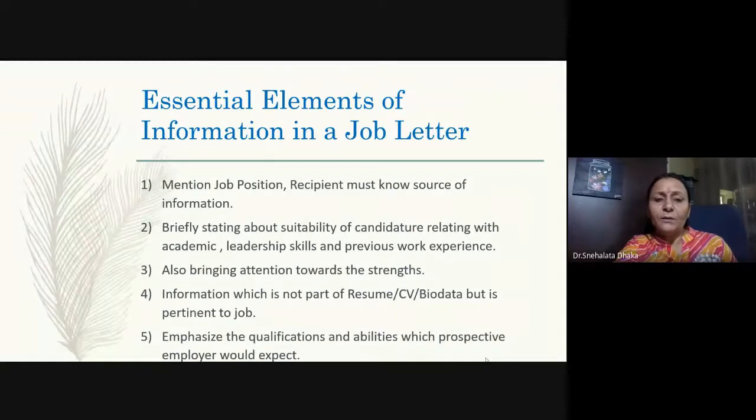So here one should not repeat the same information which is already provided in the other document which is accompanying that cover letter.